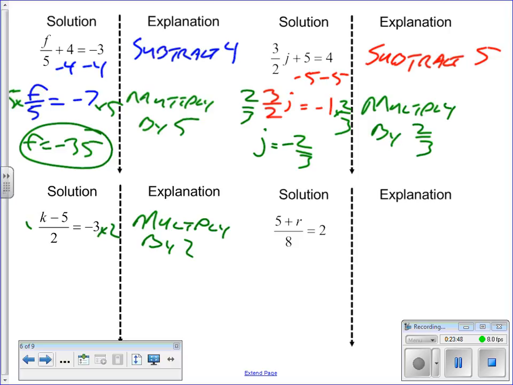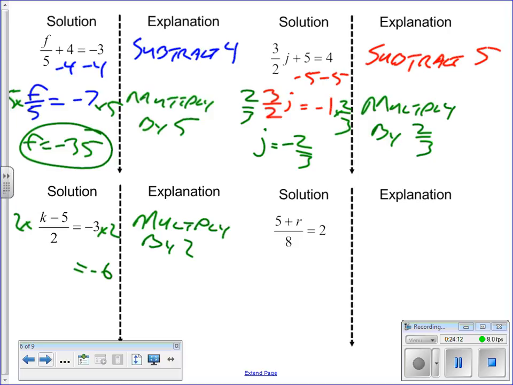Times 2, times 2. Now, on the right hand side, it's really easy. That's equal to -6. This is where students get confused, and part of the reason I really want to talk about this is it can be confusing. I see Algebra 2 students struggle with this problem. I've seen calculus kids, who know their stuff pretty well, screw this one up.